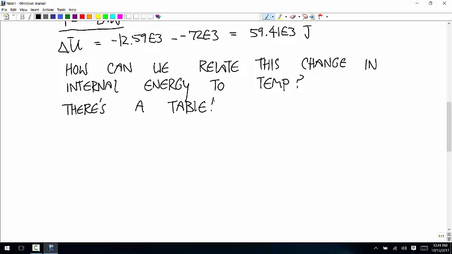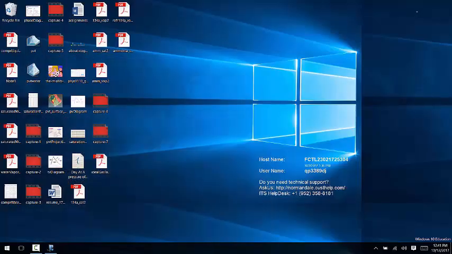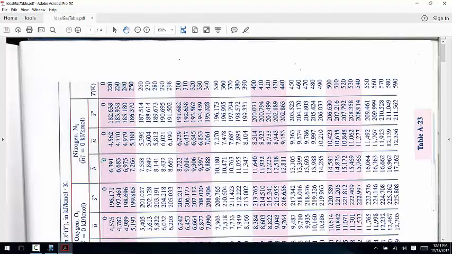So the table that we have is common ideal gases, or common gases that are treated as ideal gases. And it's all on a per mole basis. So far in the tables, everything's been on a per kilogram basis. But here's what the table looks like. It's all sideways.